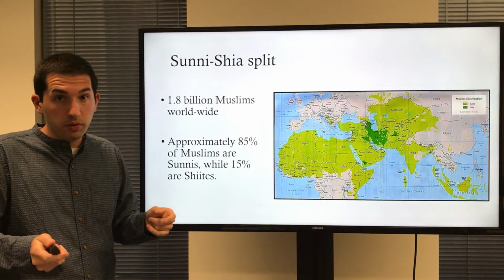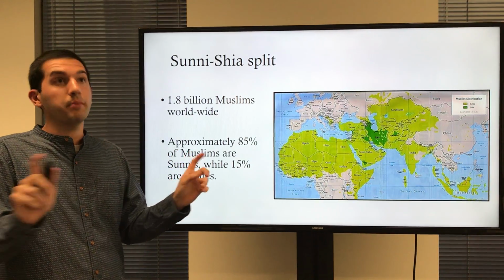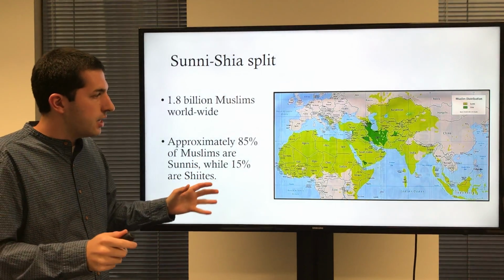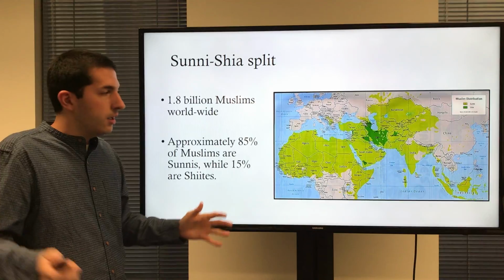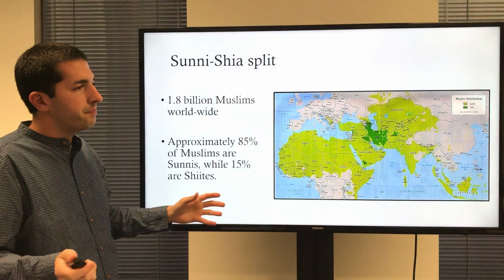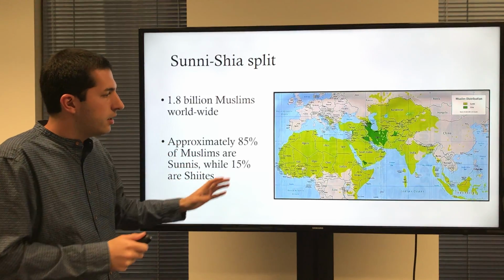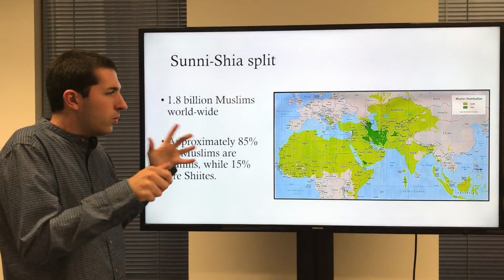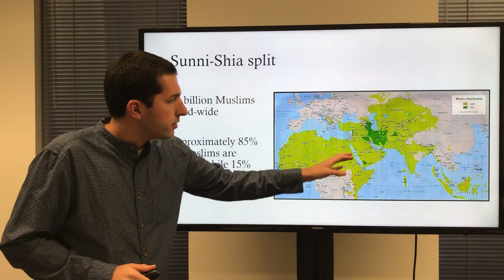And that's really important. That's the whole reason why I'm talking about religion and Islam up front, because as you can see, this is our region here, North Africa and Southwest Asia, and you can see that overwhelming Sunni Muslim majority. But look what happens here. We have Iraq.